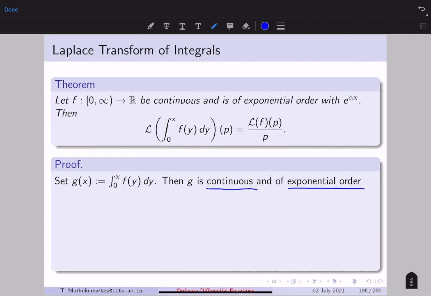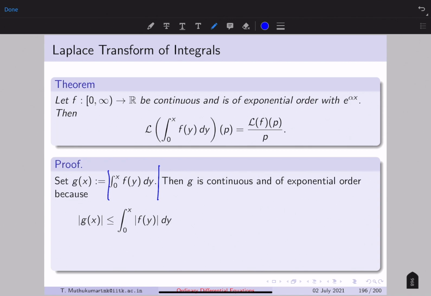You can verify. Continuity is fine because f is already continuous. Now, what about exponential order? You can compute that. Look at mod g of x, using the triangle inequality. We know that mod of g, which is mod of this integral, is less than or equal to the integral of mod f.